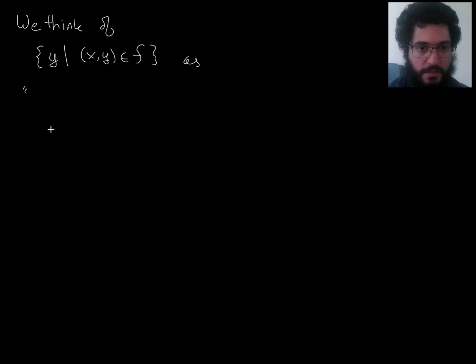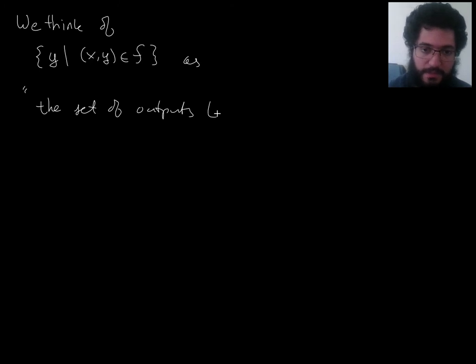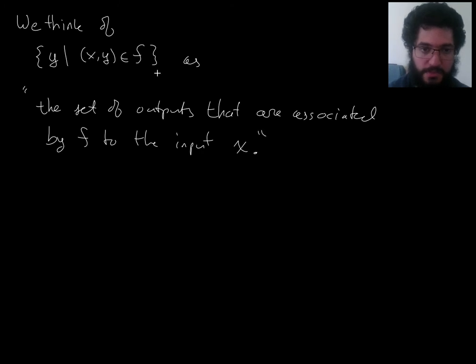Let's get that in writing. We think of that set as the set of outputs that are associated by F to the input x. Notice x is not a bound variable, so this really is referring specifically to something having to do with x.